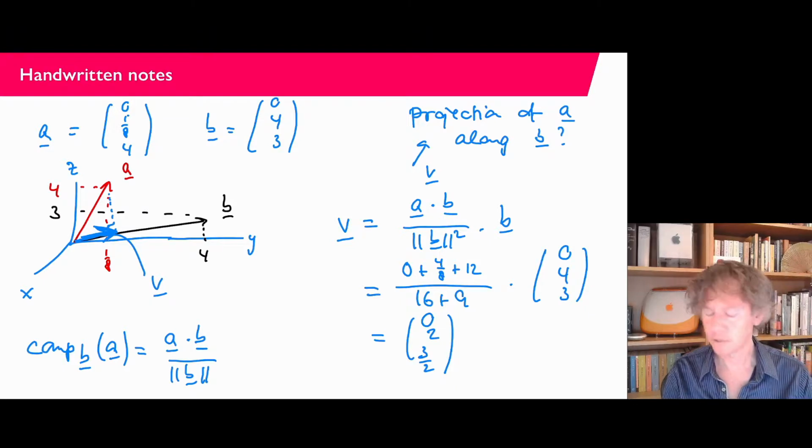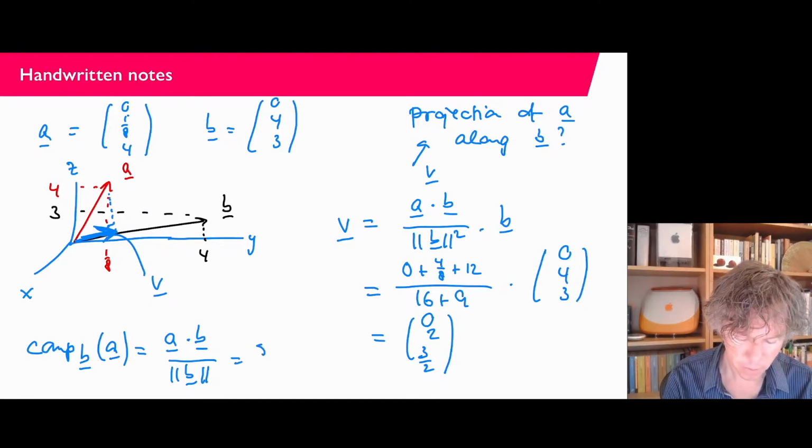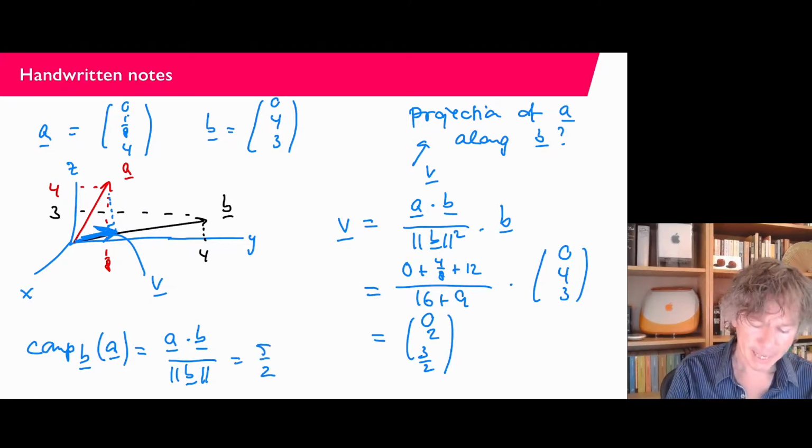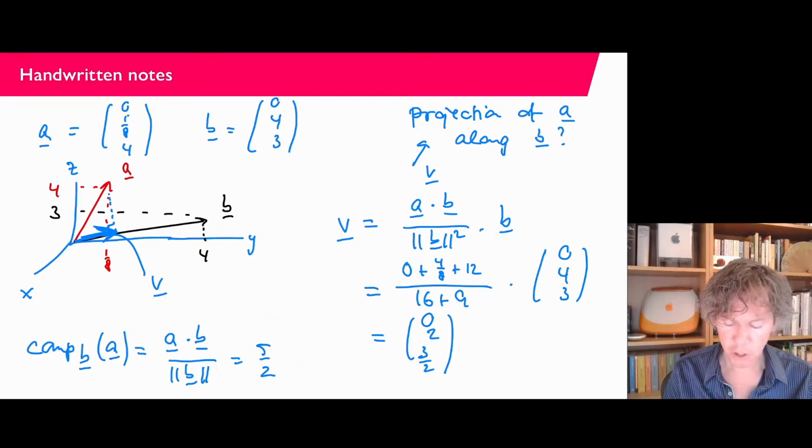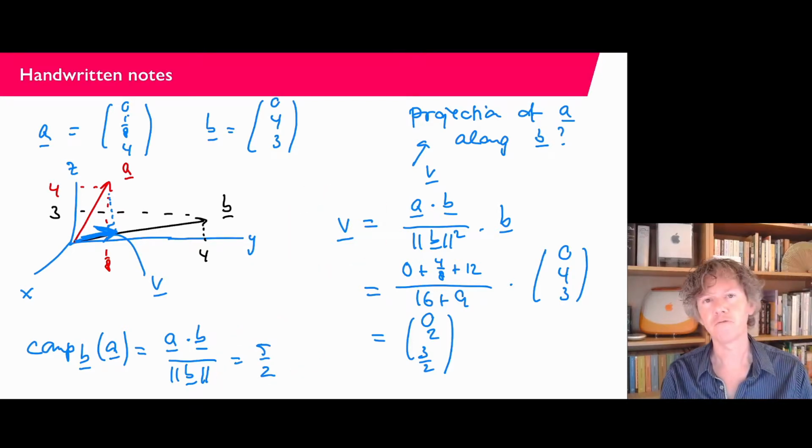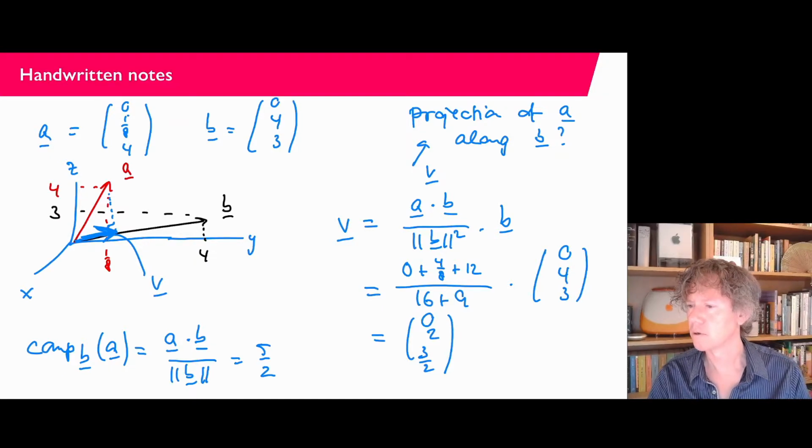And if you compute that here, you would find 5/2. And this 5/2 is precisely the length of this v vector, so you can verify that. I'm not going to check it here.